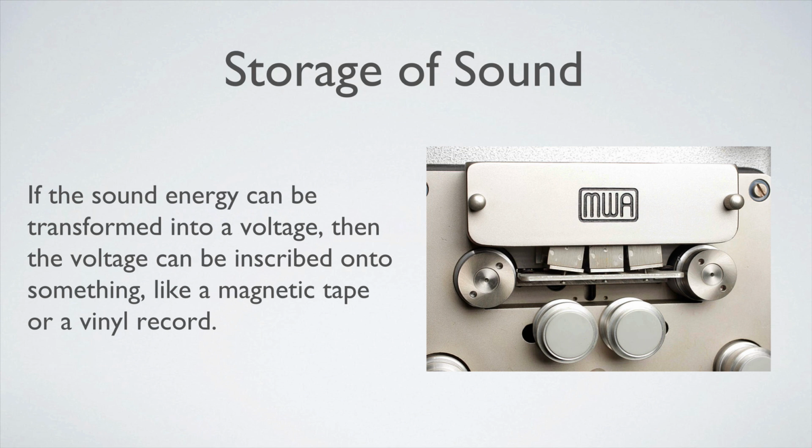When you magnetize the tape, you can then pass that tape back past a different type of magnet that listens for magnetism, which creates very small voltages which can be amplified and used to control a speaker again.